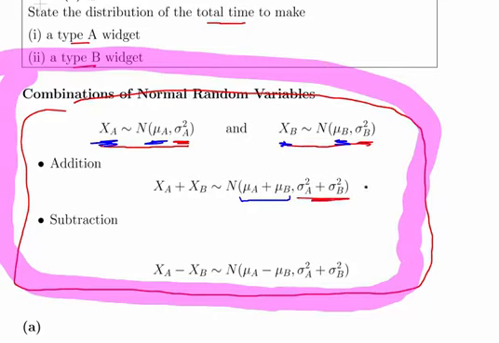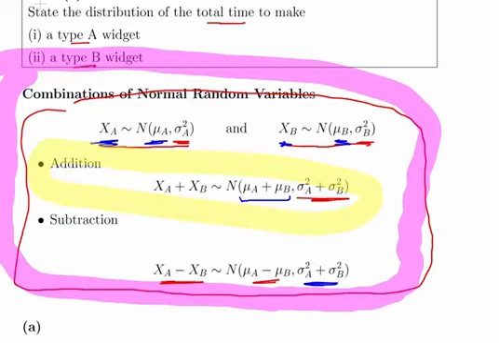Okay, if we're subtracting, or getting the difference between one random variable and the other, essentially we get the difference of the means, but importantly, we still add the variances. The variances are always to be added together. That's it. So watch out for that. This is the subtraction of the difference. So this is the scenario that we're looking at here for both cases.